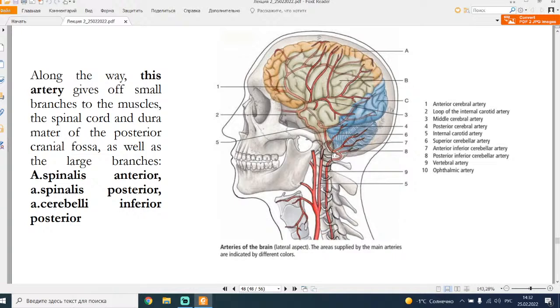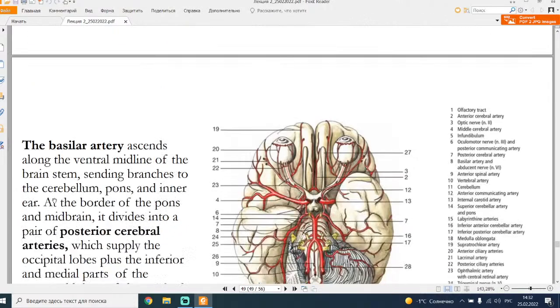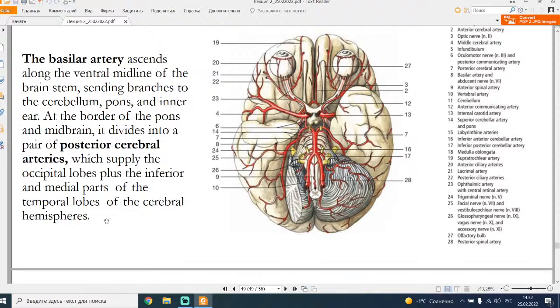This is the vertebral artery. Basilar artery, arteria basilaris.